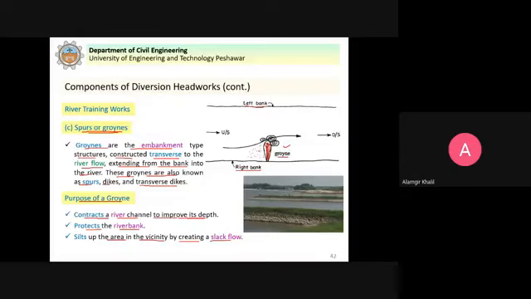So the purpose of a groin or spur is also to silt up the area in the vicinity by creating a slack flow. The water here will be unaffected by the main water currents of the river, so the silt will get a chance to be deposited.